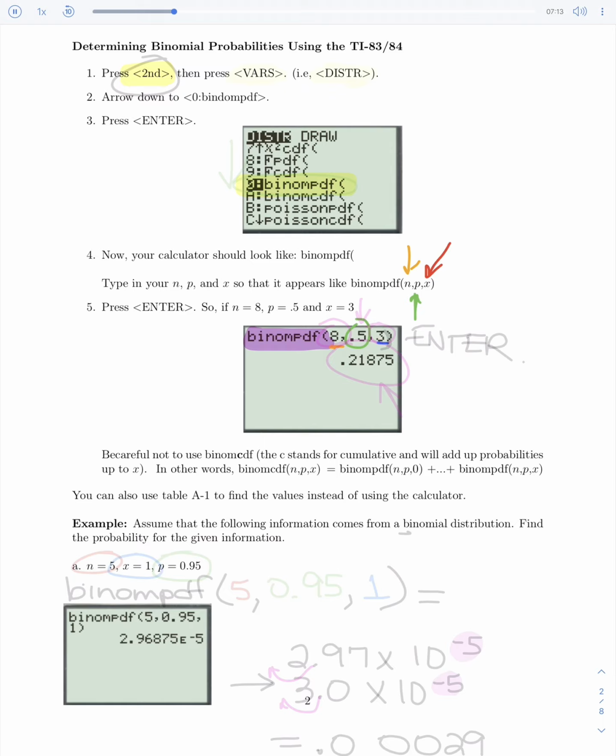Then I have to close off my parentheses. They don't do this for you automatically. And then when you press enter after that, it outputs a value, and that is a probability. So this is the probability of winning 3 out of 8 games if your probability of winning was 50-50, or 50%.